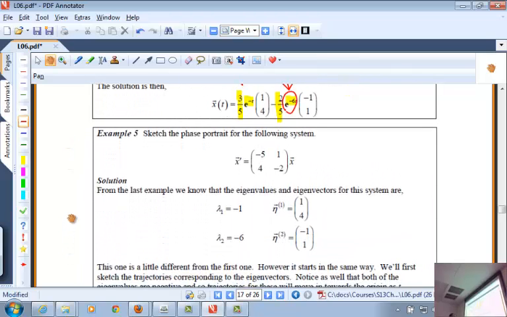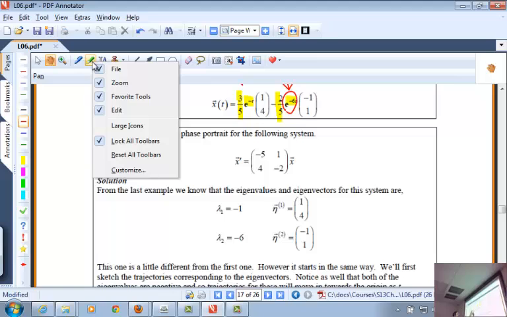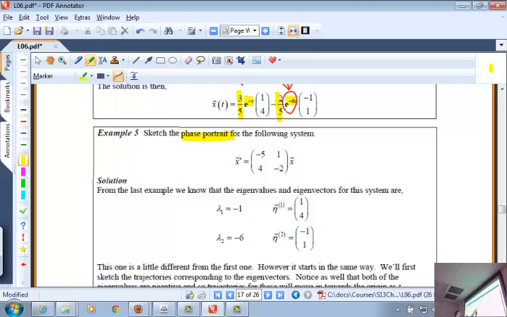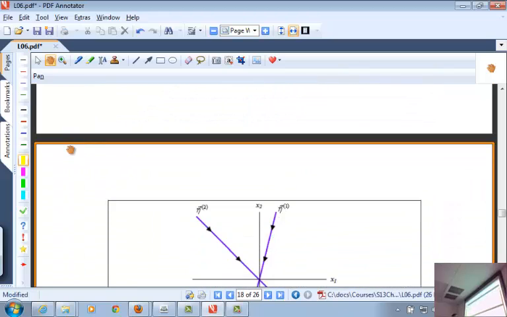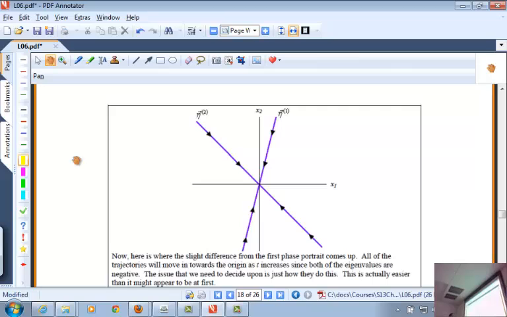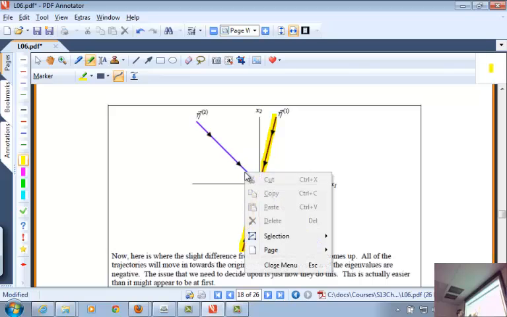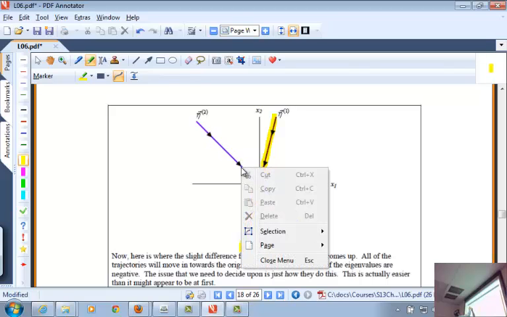So here a sketch is portrayed for that particular problem, and you're plotting the eigenvectors here, and putting the direction for them. Okay, so lambda 1 and lambda 2. You know how to plot these, right?